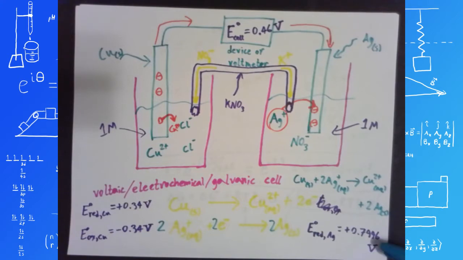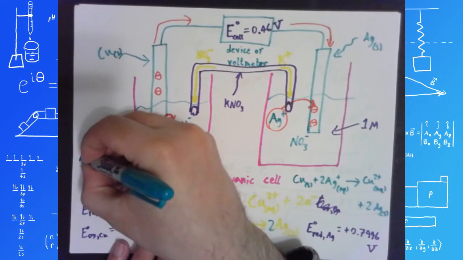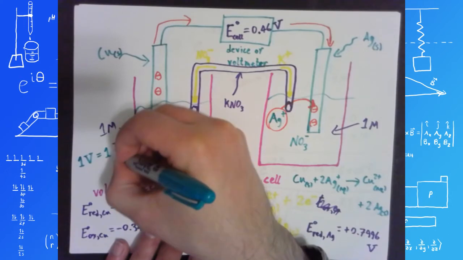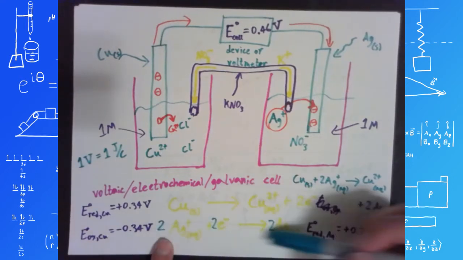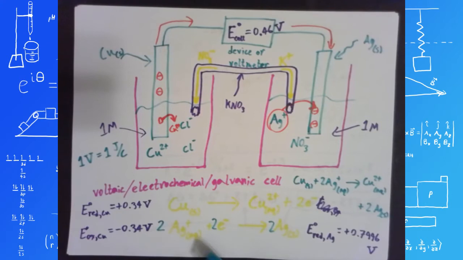volts are joules per coulomb. This isn't something that most chemistry instructors will tell you, but they should. 1 volt is equal to 1 joule per coulomb of charge. It's the ratio of energy to charge. So even if I double everything here, yeah, it's going to double the amount of energy in this half reaction, but it's also double the amount of charge.